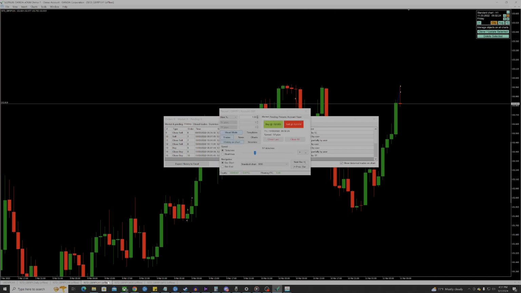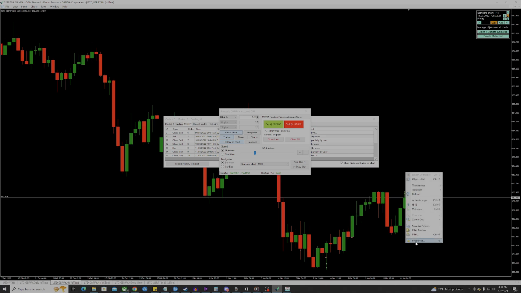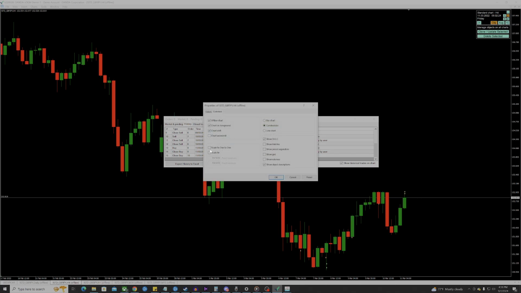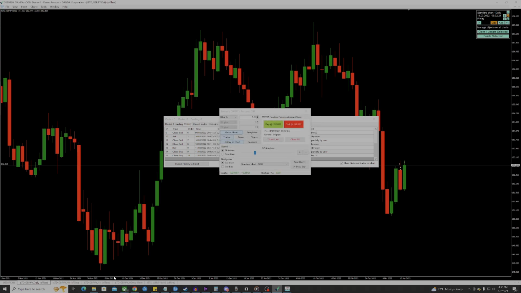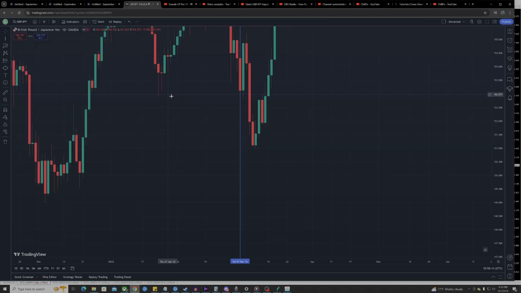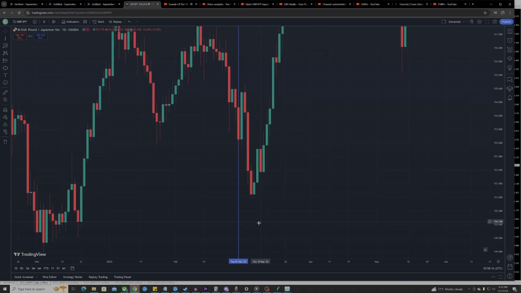I also showed in that last simulation, and I'll do it before we really get into it, March 11th right here, the daily. You come back here and you go to GBP JPY. I have a vertical line set for the first, but that right there is your March 11th.